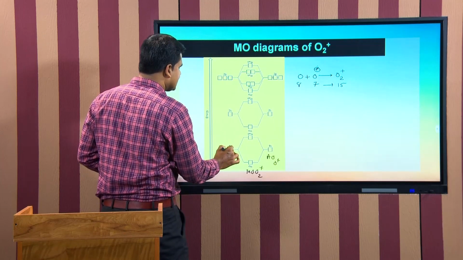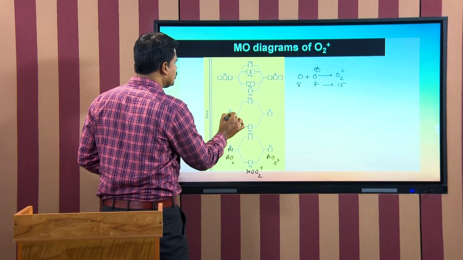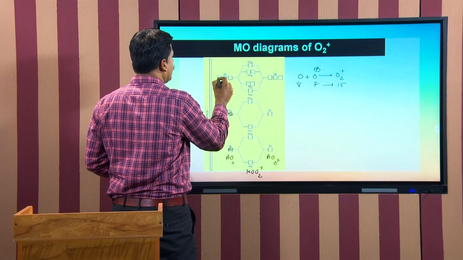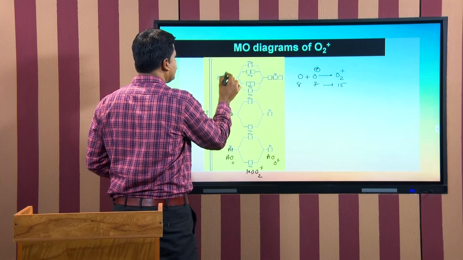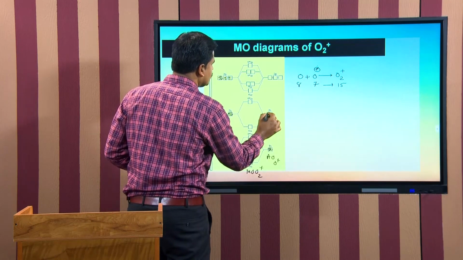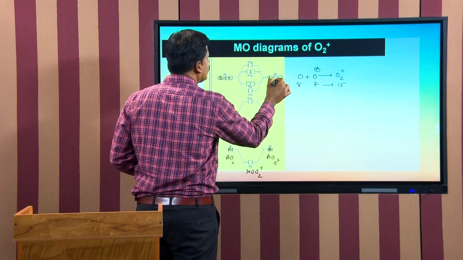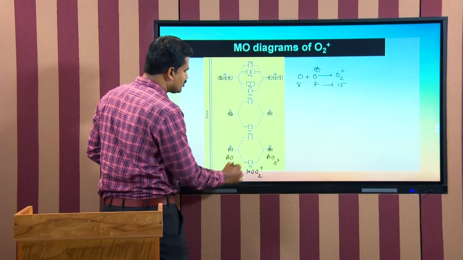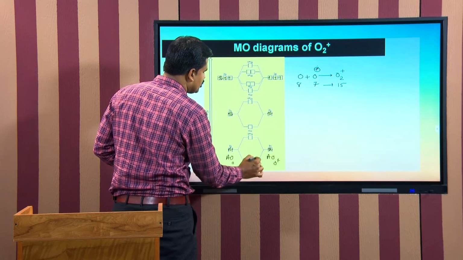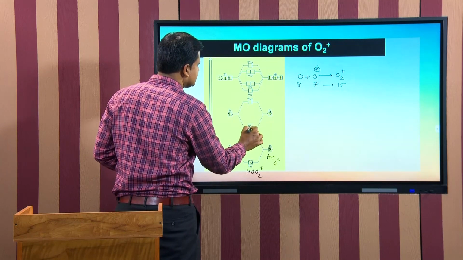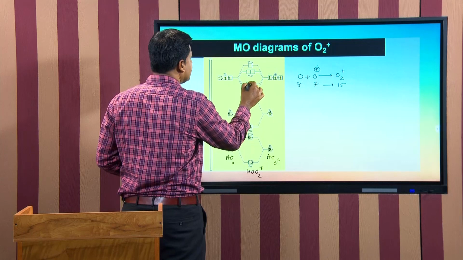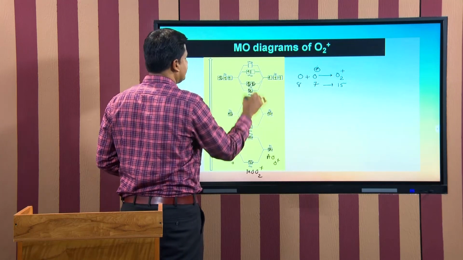The atomic orbital of oxygen has configuration 1s2, 2s2, 2p 1, 2, 3, 4. Here there is 1s2, 2s2, 2p 1, 2 and 3. So with 8 and 7, we have to fill 15 electrons, and the configuration is 2, 4, 6, 8, 10, 11, 12, 13, 14 and 15.